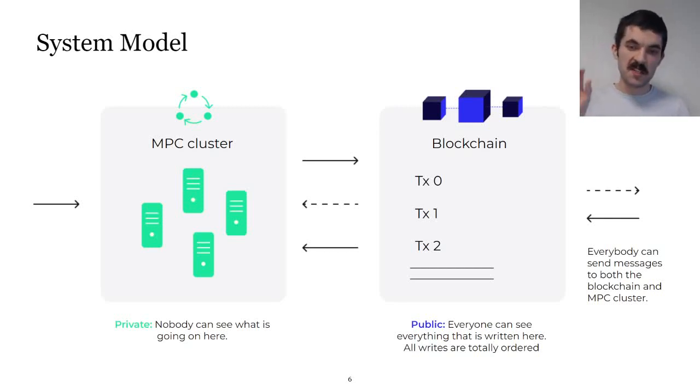Meaning that if transaction 0 appears on the blockchain and then later transaction 1, it can never be the case that at some point it looks like transaction 1 came before transaction 0.